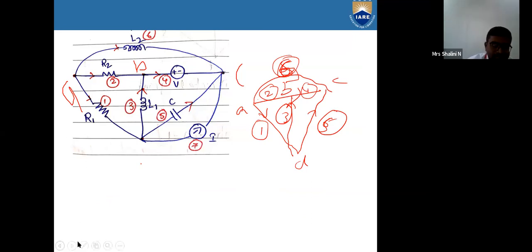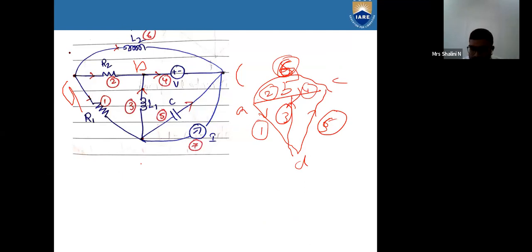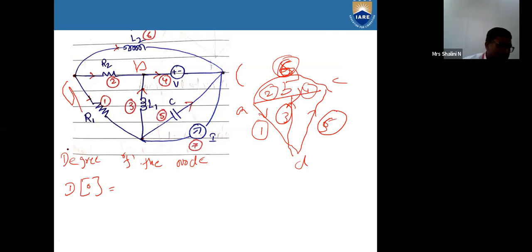First, I am taking the first node. What is the degree of the node A? For this node A, how many elements are coming in, and how many elements are going out?